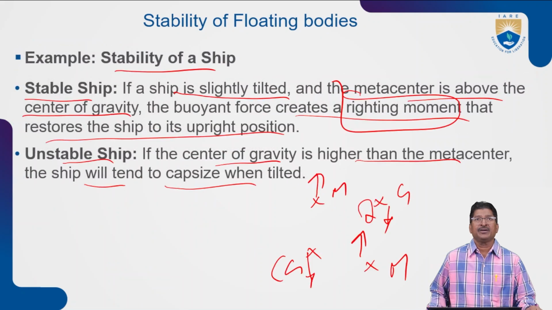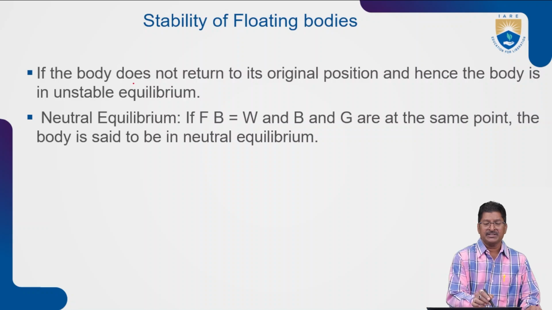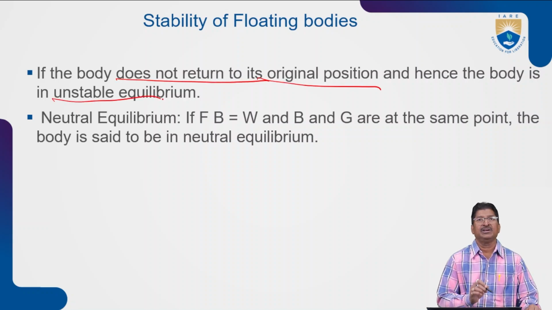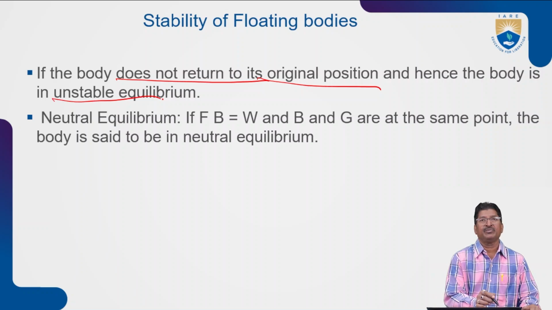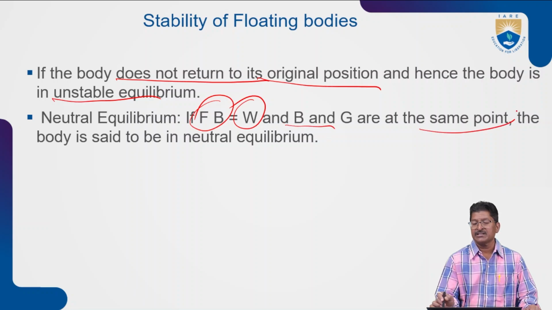So let us review today's topic. You can see here, if the body does not return to its original position, it is called unstable equilibrium. Neutral equilibrium means the force of buoyancy and the weight of the body are equal, and both act at the same point.